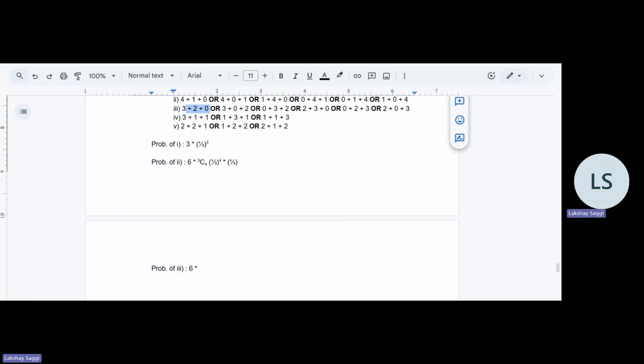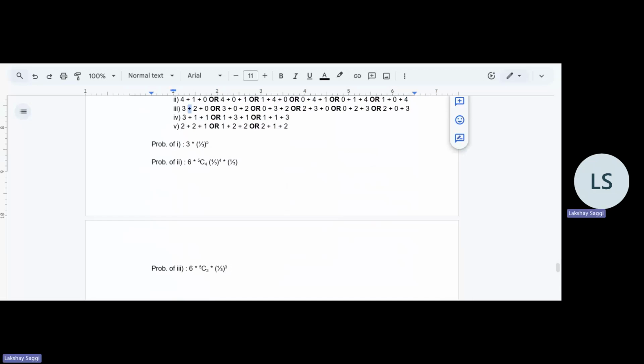So what we do is we select, out of these 5 balls, the 3 balls which will go into the first bin, and these go into the first bin with probability 1/3, so it's 1/3 raised to the power 3.